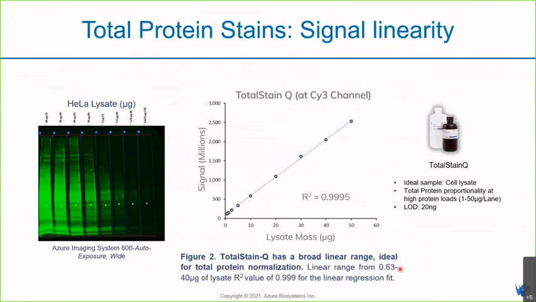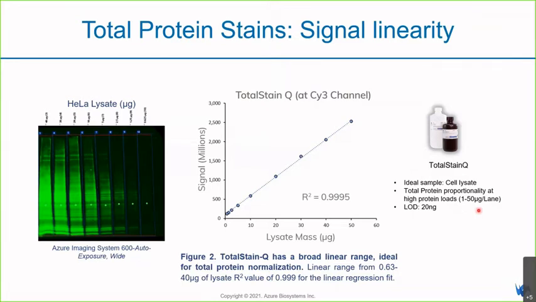Right. Firstly, signal linearity. I'll be using total stain Q as an example to explain this. For total stain Q, the ideal sample is cell lysate. Like I said, it depends on your experiment type. If you're doing cell lysate, then yes, this stain might be working for you. And the optimal range of concentration here is listed as 1 to 50 microgram of protein load per lane.